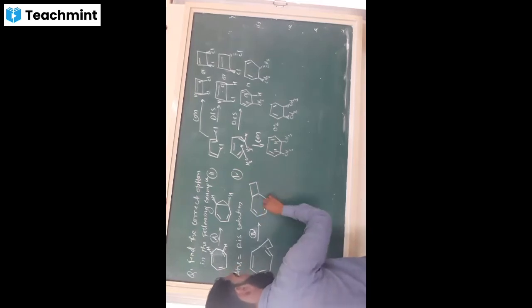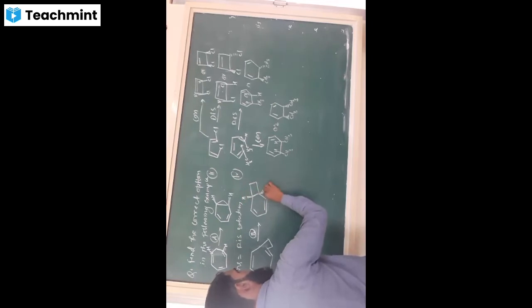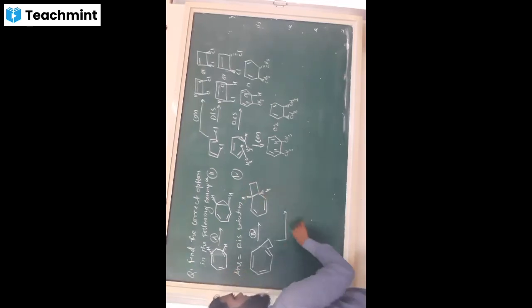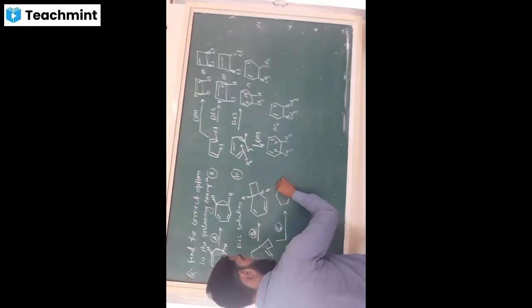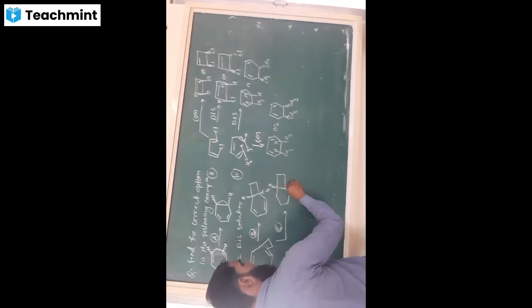Double bond. Here this is the H and here this is the H. In similar fashion, they have given you option C. Find the rotation. One hydrogen is on top face, another is on bottom.